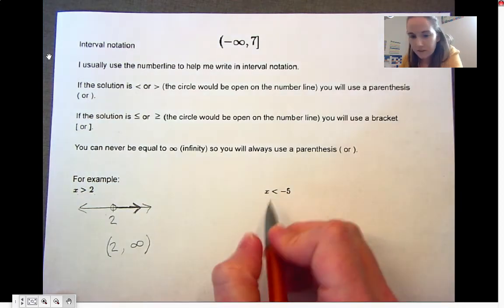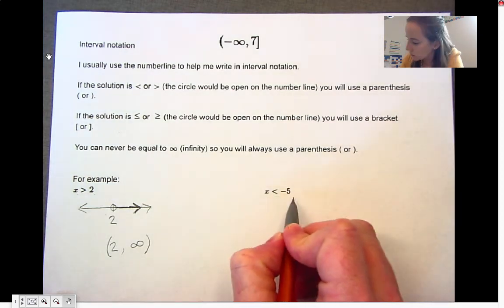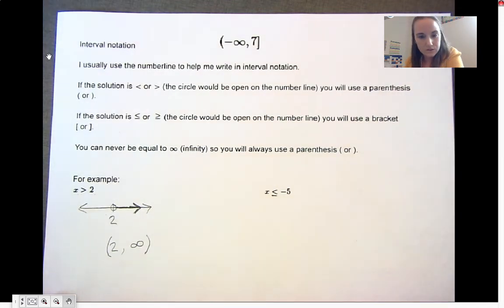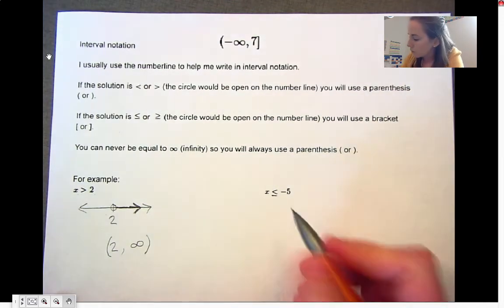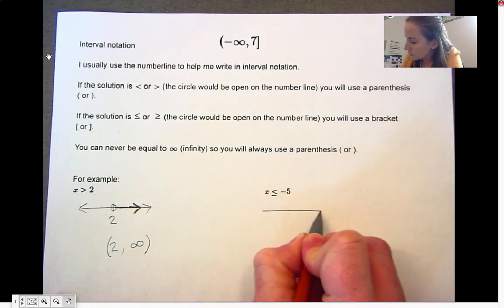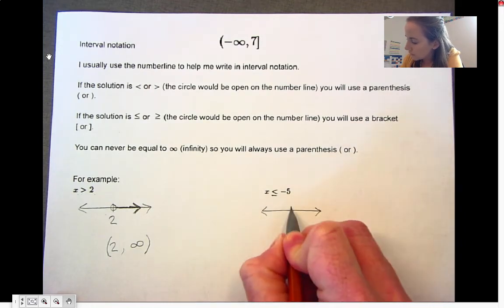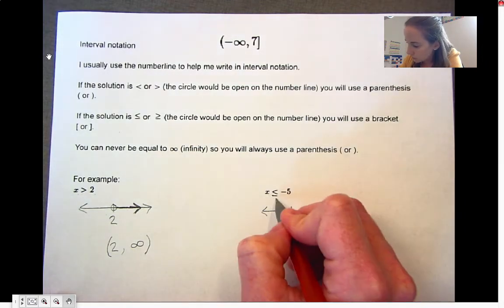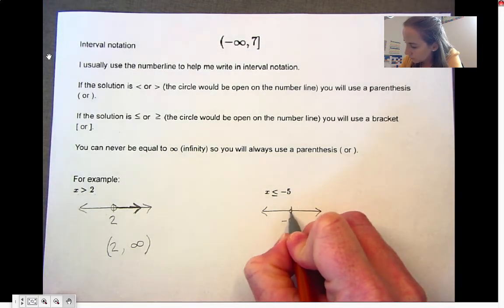Okay? This one right here, I'm going to change this to say less than or equal to so you can see it differently. So x is less than or equal to -5. So I'm going to draw a -5 here. And since it's equal to, we're going to do a closed dot.